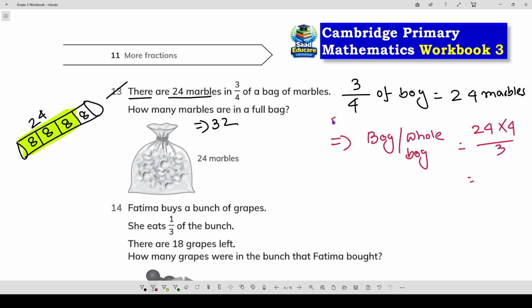It means the total and fraction amount will be divided by how many parts we divide, which is 3. So here is 96 divided by 3. 3 times 3 is 9, 3 times 2 is 6, so here is 2. It's 32 divided by 1. So total 32. Very simple.